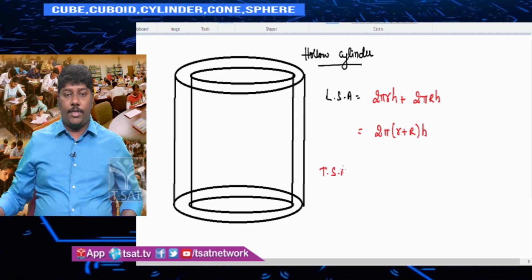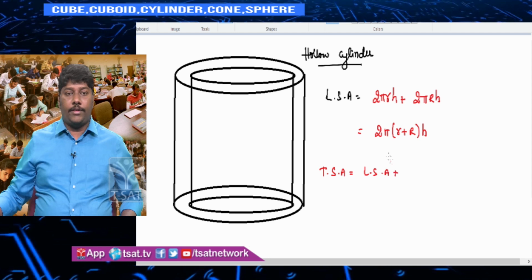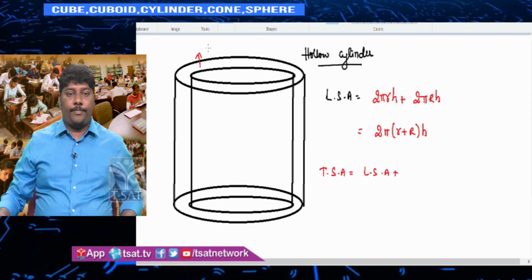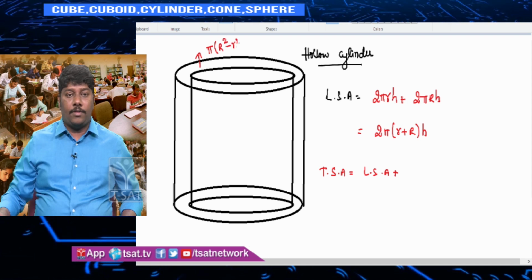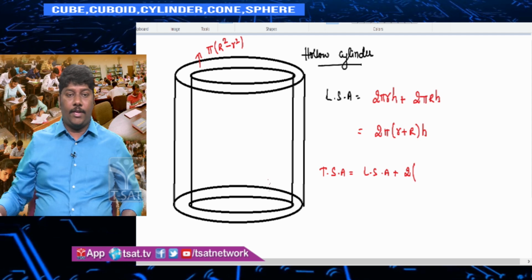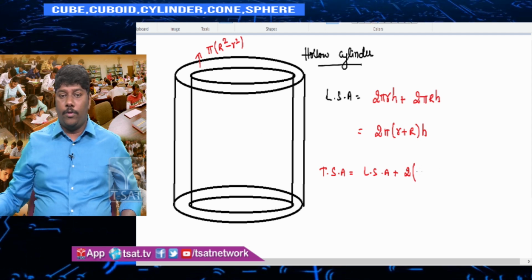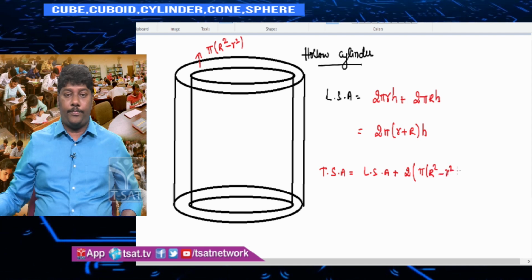When it comes to total surface area, you add the lateral surface area and the 2 rings. The area of a ring is pi into capital R square minus small r square. There are 2 rings, the upper ring and the ring below. So, 2 into pi into capital R square minus small r square.